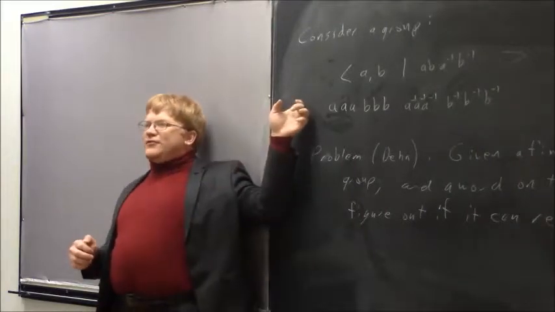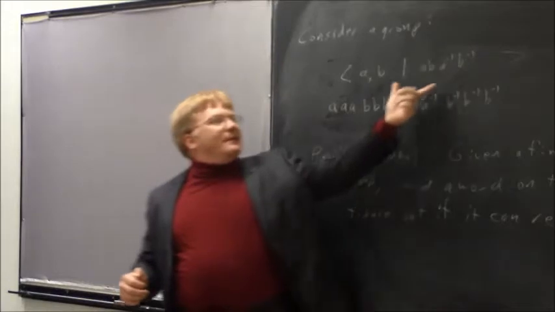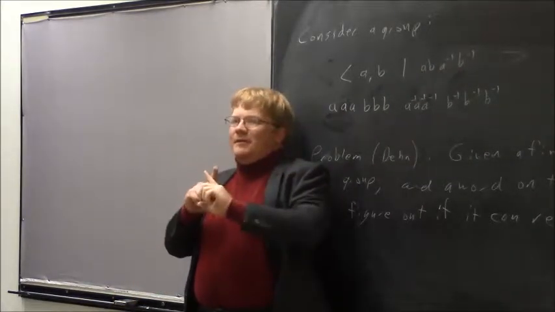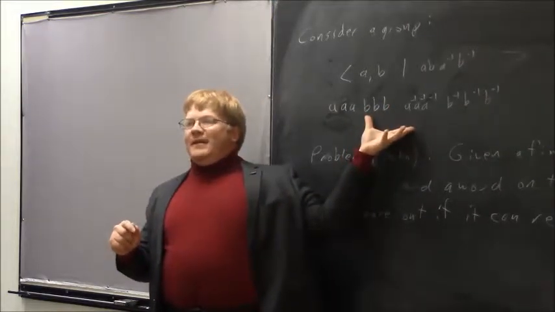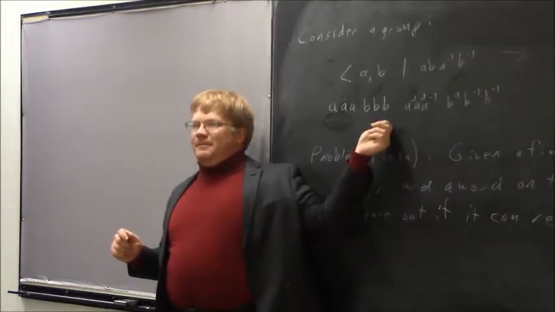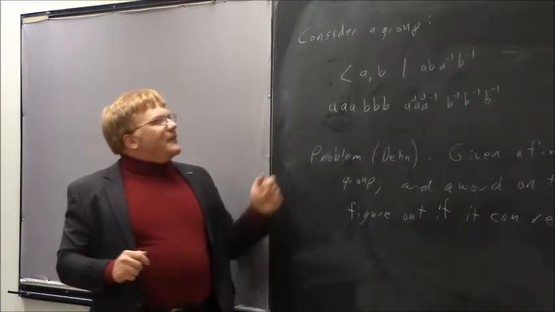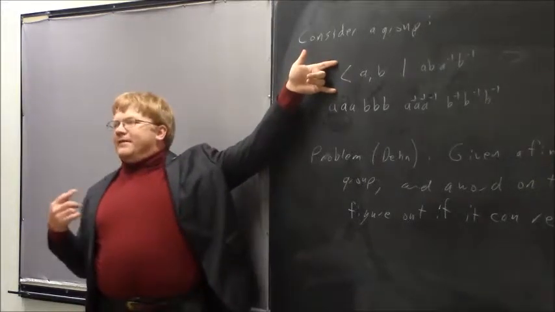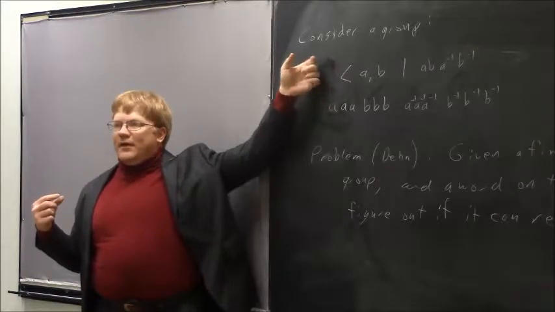I don't propose to actually work through the reduction. This one, because this says in effect that A and B have to commute, you can actually fiddle with this word and see that it's equal to the identity. In fact, this group is Z plus Z, two copies of the integers, direct sum with one another.